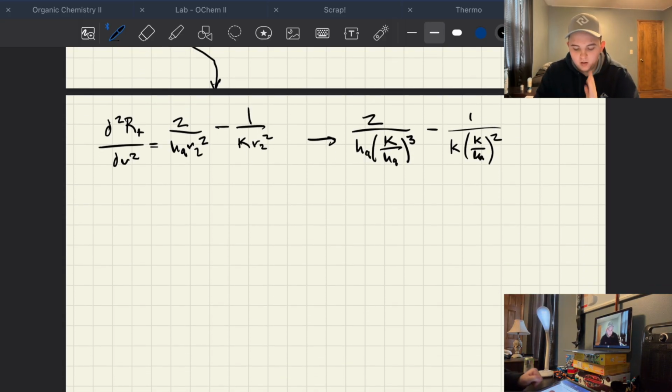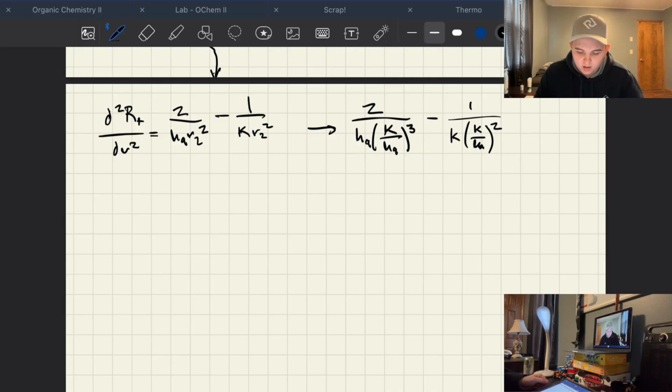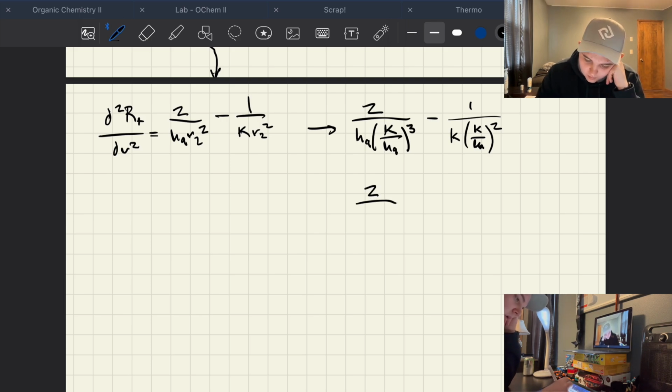Okay, cool. Awesome. So now we just have to simplify our values. Cool. So we'll have 2 over HA cubed, or sorry, squared, over K, minus HA squared over K cubed.